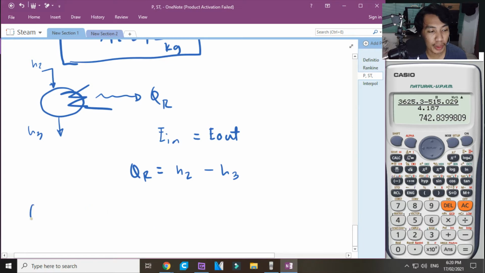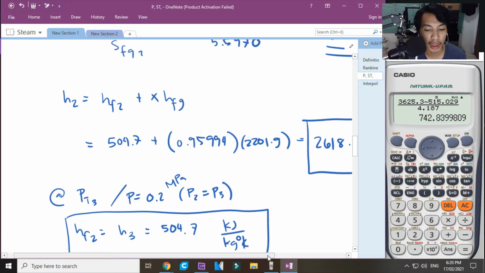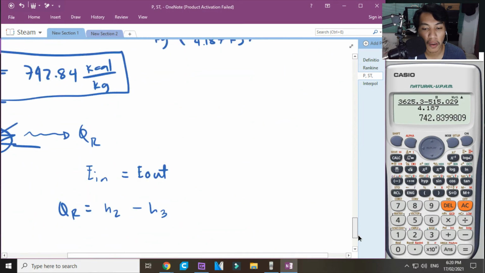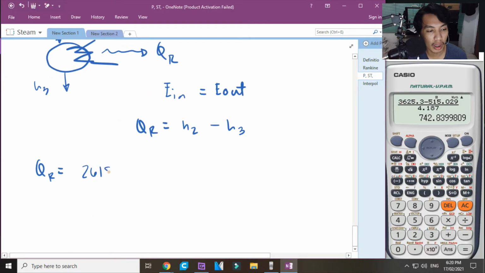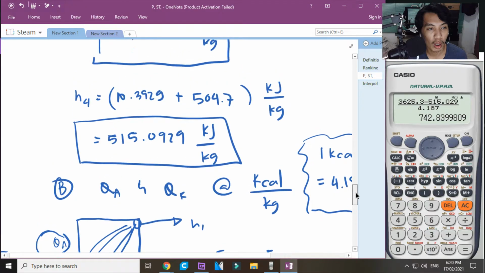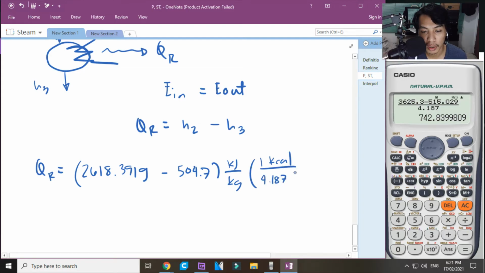Okay? So, QR. What is H2? H2 is 2618.3919, minus HF2 or H3, which is 504.7 kilojoule per kilogram, multiplied by 1 kilocalorie per 4.187 kilojoule.